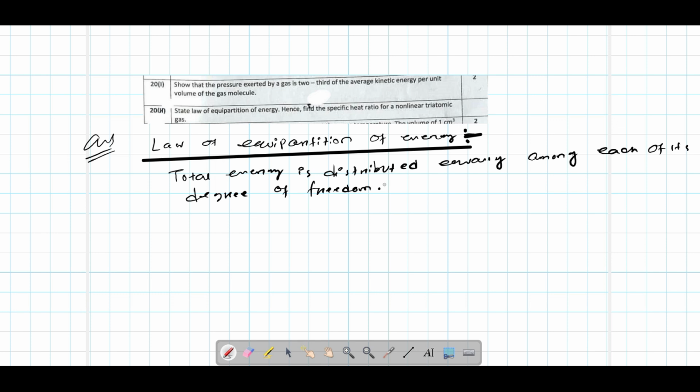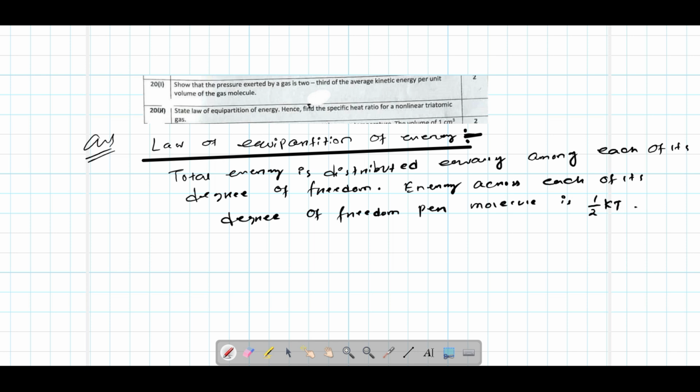And the energy across each of its degrees of freedom per molecule is half kT. That is the law of equipartition of energy.